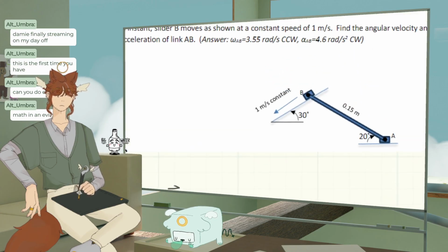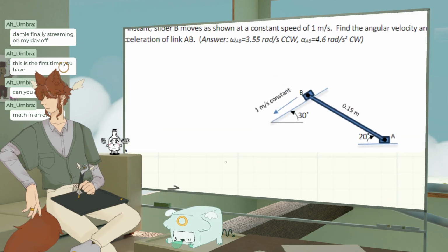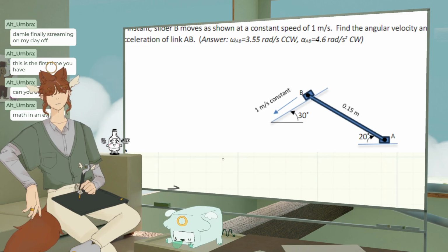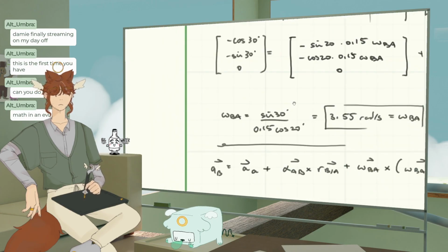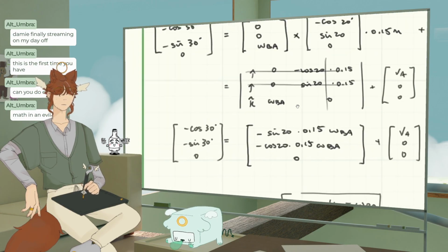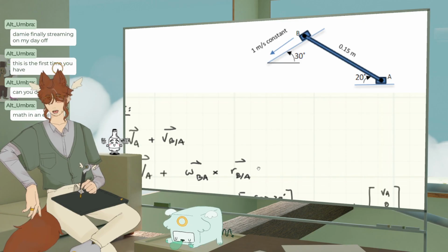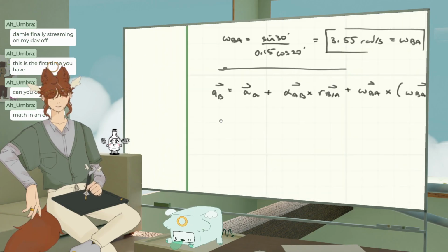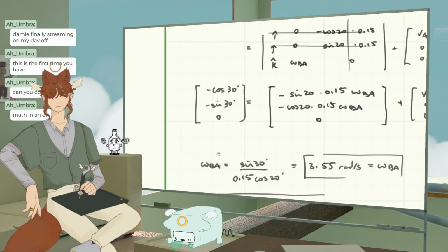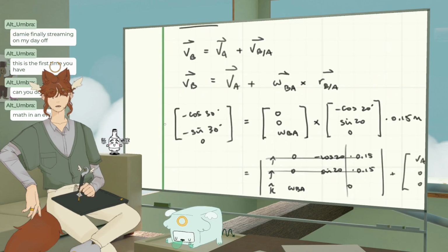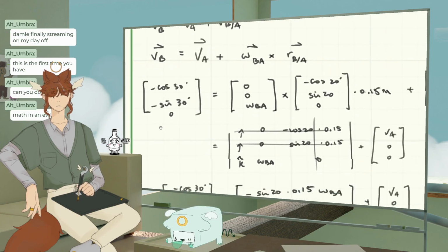Now we do know the direction of alpha AB. Actually, do we know the direction of alpha AB? No, we don't. Oh well, yeah, we do. It's gonna be similar to this one. I should write VB here. Uh-oh, did I do something wrong?